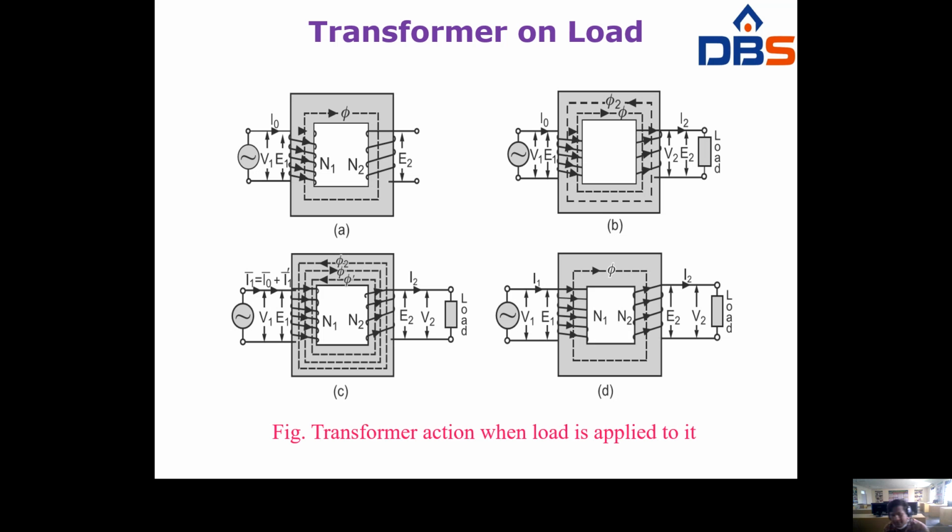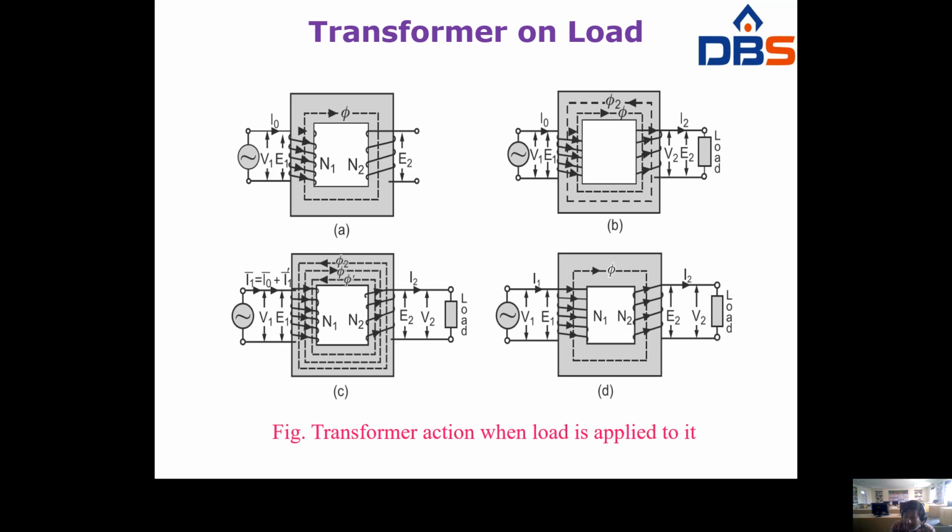Without load, because of the primary winding supply, flux flows from primary to secondary, that is pi. Because of load, I2 load current flows. Because of that load current, the secondary flux pi 2 flows from secondary to primary, as shown in figure B. Whenever that pi 2 touches the primary winding, it produces a leakage current I1 dash.